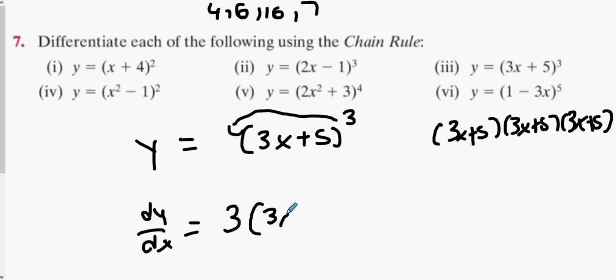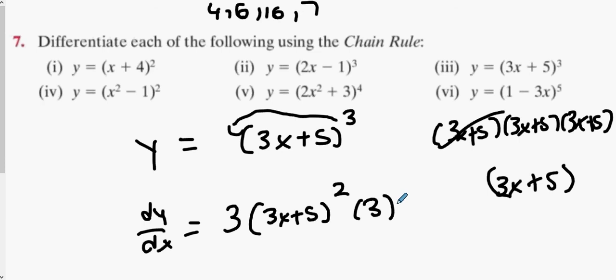Minus 1. And do you remember the hidden part I just told you about? You had 3, now you only have 2 of them. What did you do with the one you got rid of? Well, you're going to differentiate it. So what happens when you differentiate this? And your answer will become 3 times 3? 9. And that's your answer. Am I allowed to multiply in by the 9? Why not? You have to square before you multiply by 9, alright?